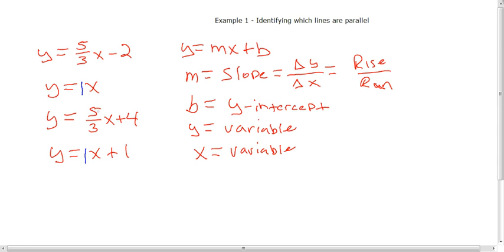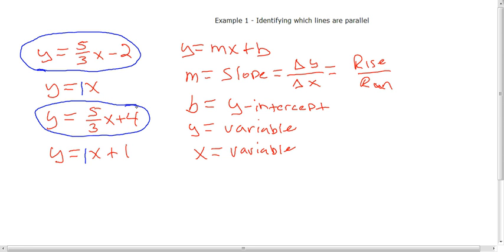So now that makes the coefficient in front of x a 1. So it's easy now for us to look at this and say, if I'm comparing strictly by the coefficient in front of x, then this particular equation and this particular equation have the same slope, which is 5 over 3. So no matter how we graph these in a coordinate plane, these two will be parallel.